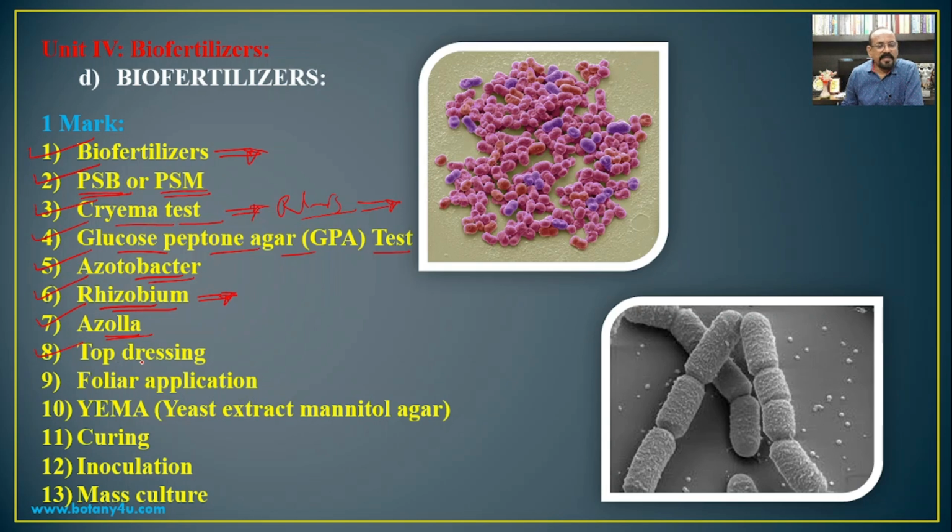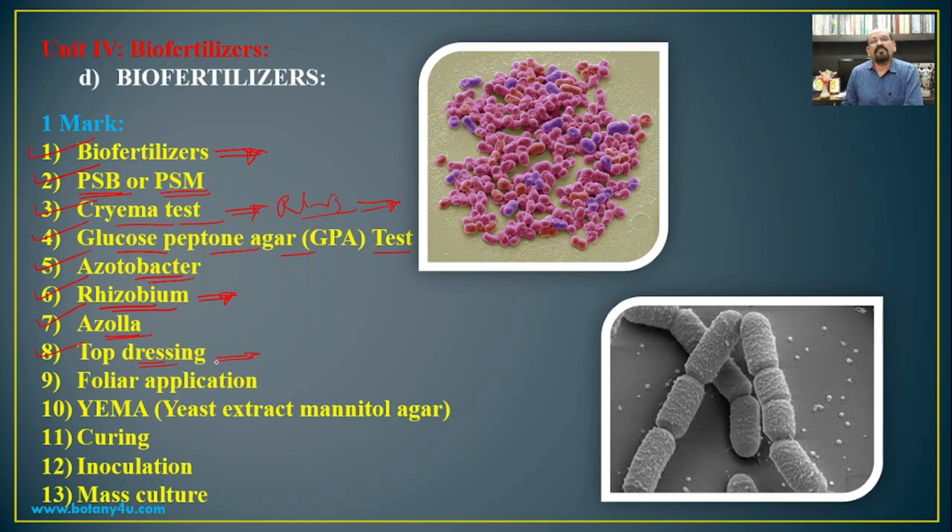Then top dressing. In case of certain plants, the nitrogen containing microorganisms or free living microorganisms are mixed with decomposed material or decomposed manures and are provided directly to the plants which are grown close to each other.